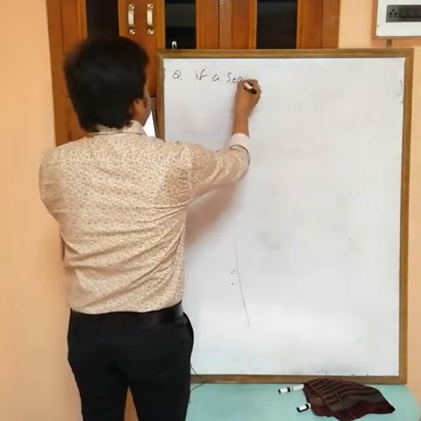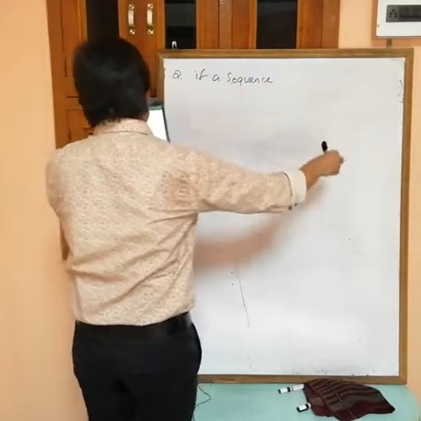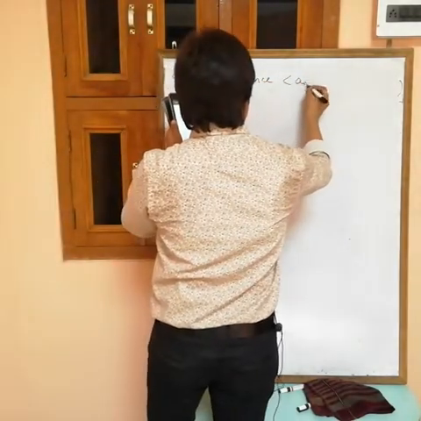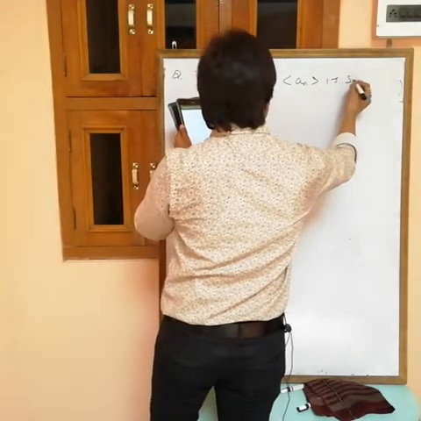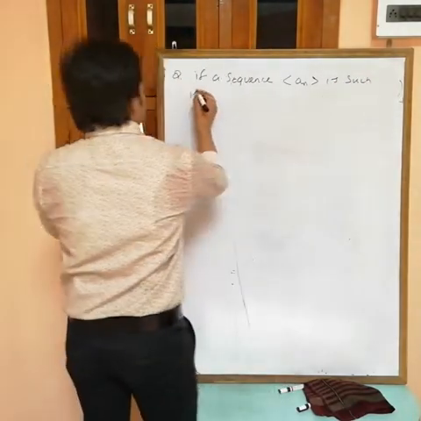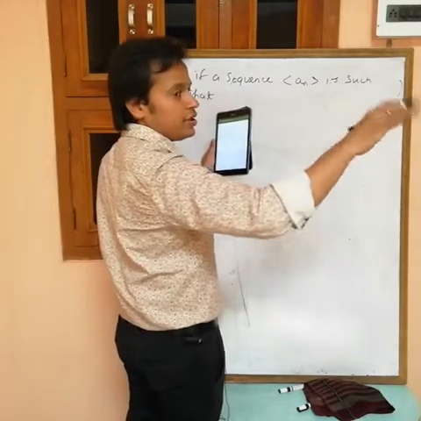If a sequence a_n is such that, it means a1, a2, a3, a_n like this.